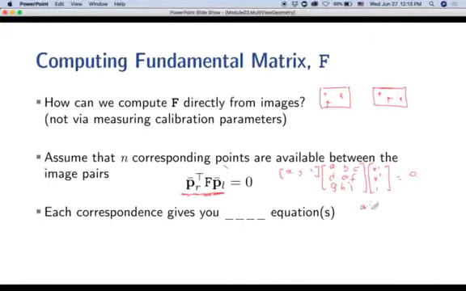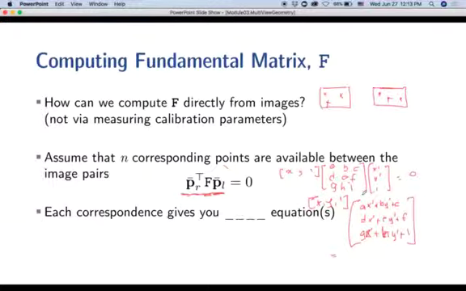I get A x prime plus B y prime plus C, d x prime plus e y prime plus f, and g x prime plus h y prime plus 1, this thing multiplied by x y 1.